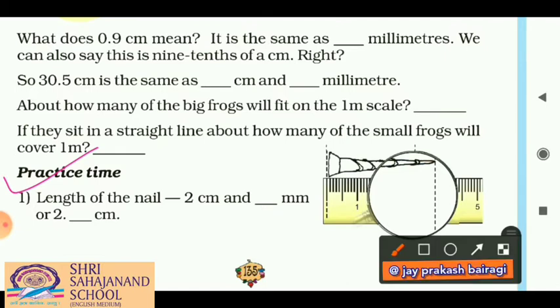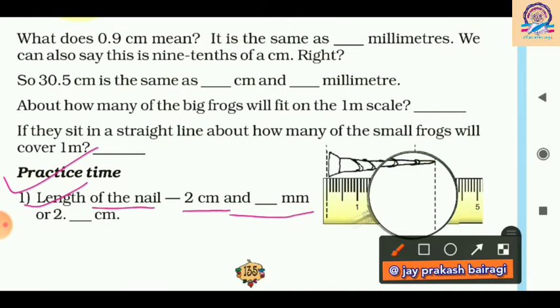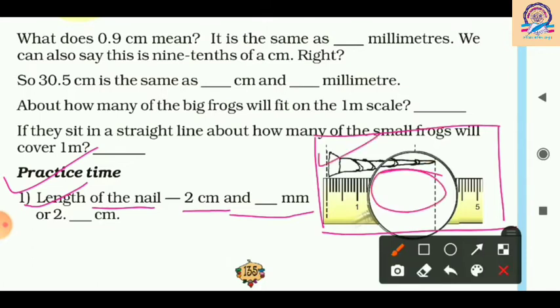Here the first question is, length of the nail is 2 centimeter and dash millimeter. In this picture you can see we have a scale and one nail. It is not completely visible, and in my textbook I measured it and found it is 2 centimeter and 9 mm.